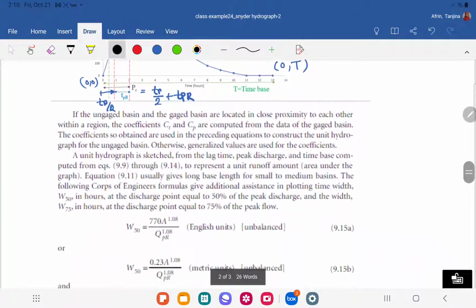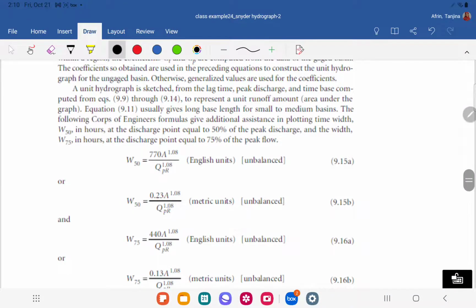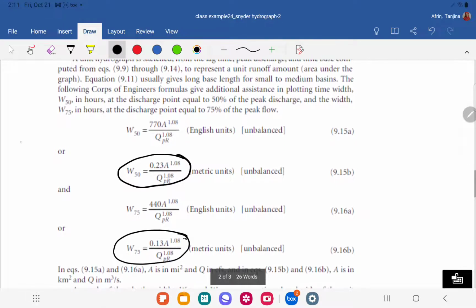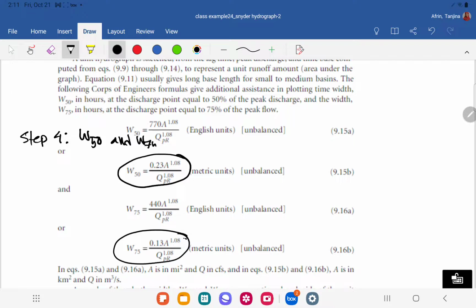So what we will do, we will use these two equations. Since we are using the metric unit, we will use this one and this one. Okay, so let's work on that and see if we can find that. So that will be our step 4, W50 and W75.